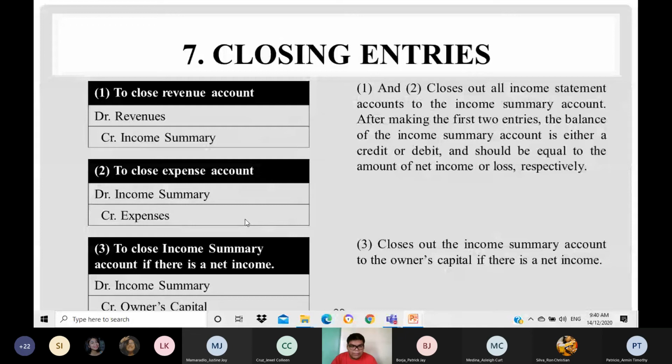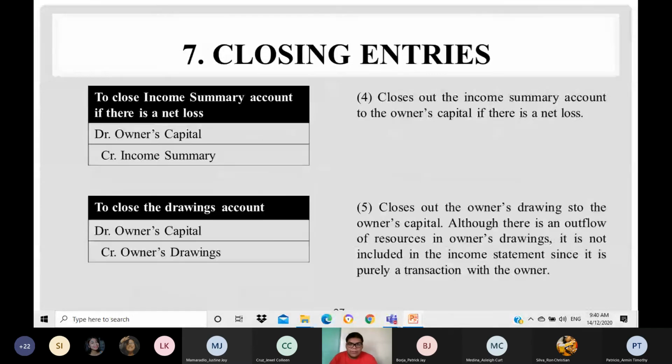So yung number 3 naman, to close the income summary account if there's a net balance. It closes out the income summary account to the owner's capital if there is a net income. Kung may kita. So, ganun din siya sa number 4 naman. Closes out the income summary account to the owner's capital kung merong net loss.